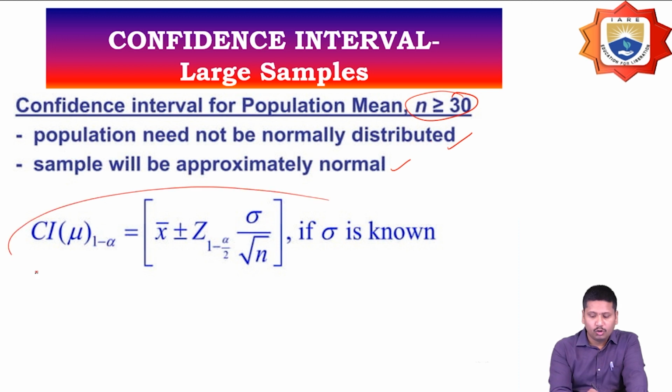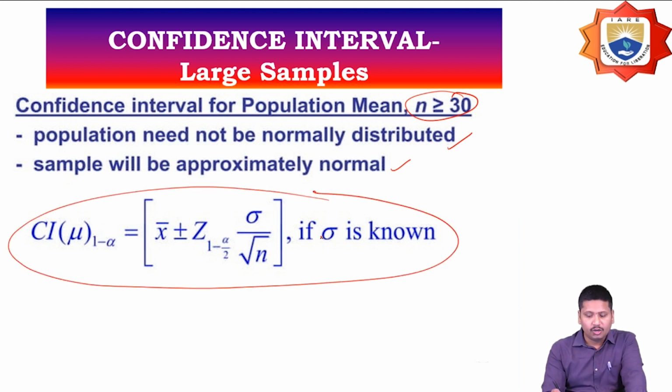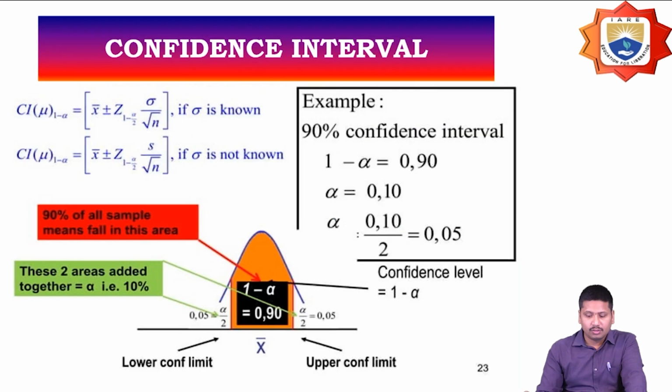For this we use this formula to calculate the confidence interval for large samples, with confidence level 1 minus alpha, where the value is 0.90, 0.95 or 0.99.